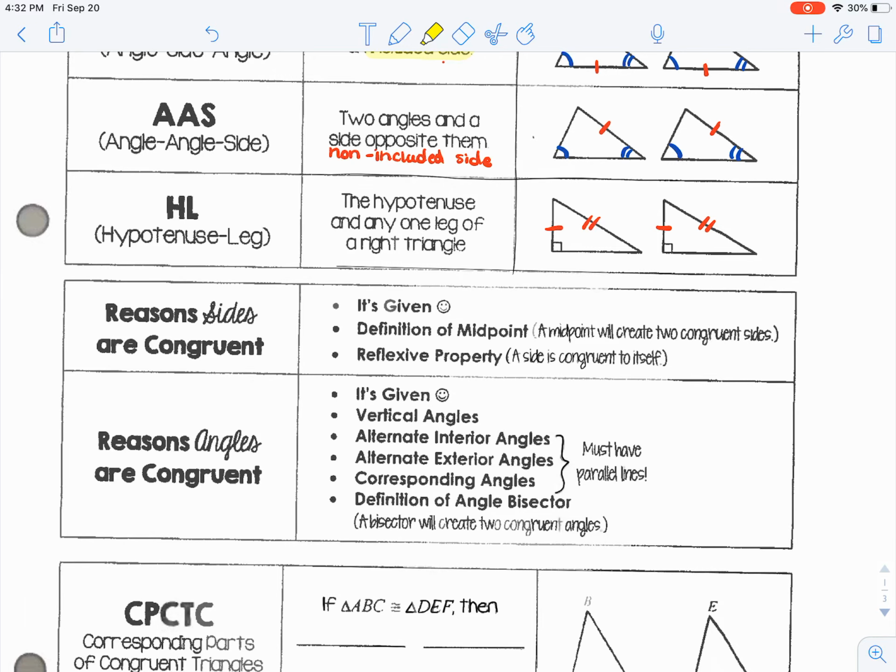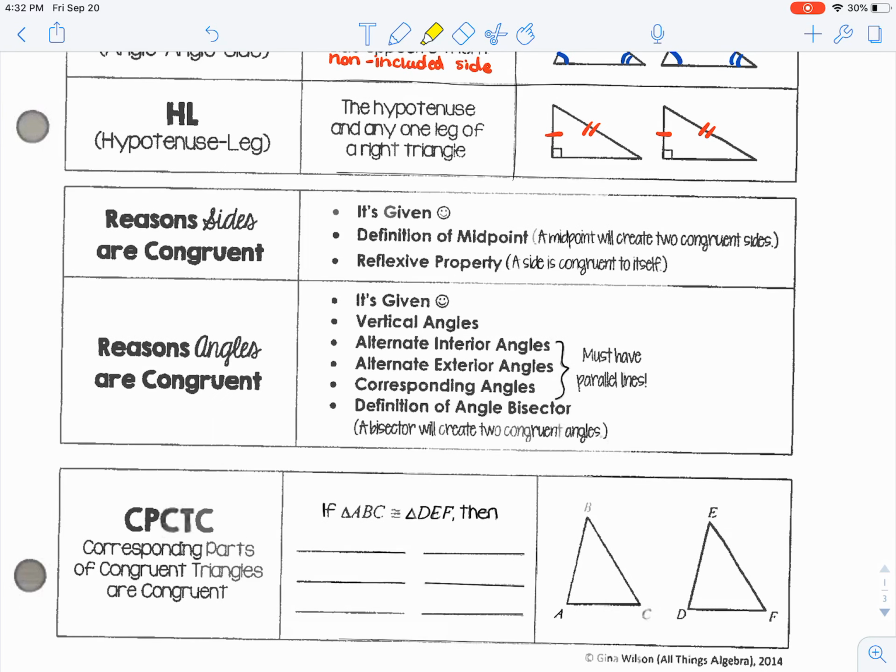Now, there are a lot of reasons that angles can be congruent. The most popular one that you'll see is vertical angles. Remember, they look like this. Anytime two straight lines or segments cross each other, two pairs of vertical angles are created.